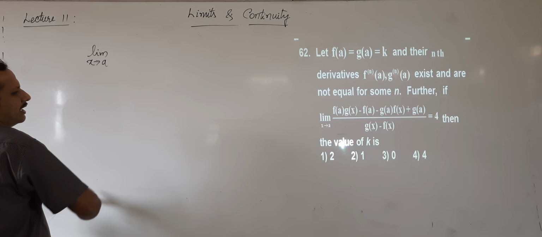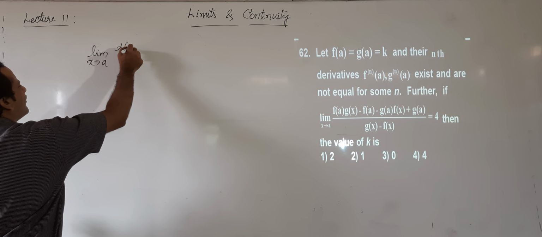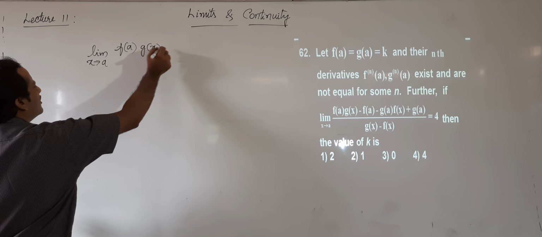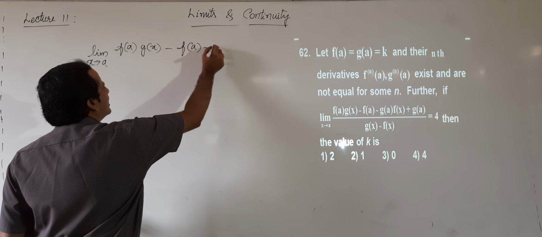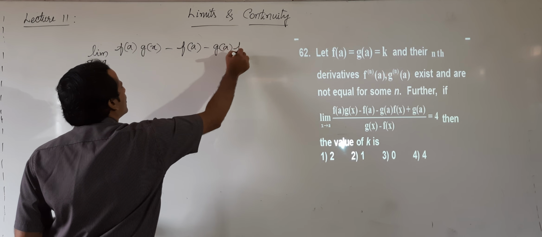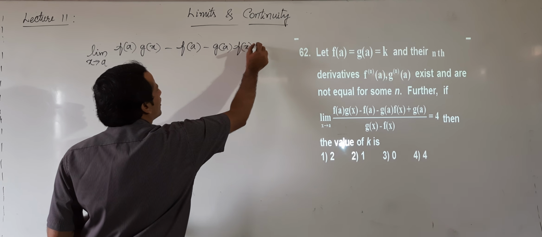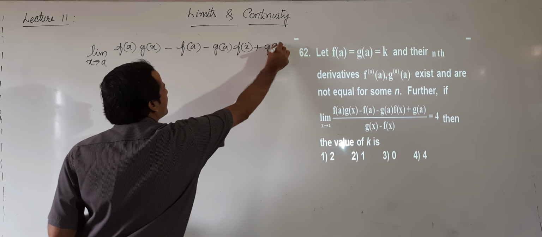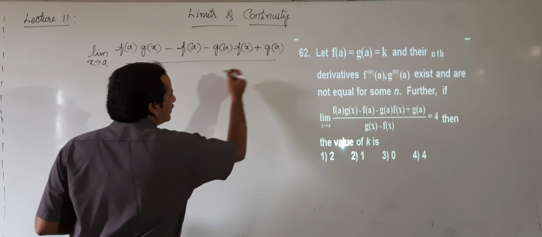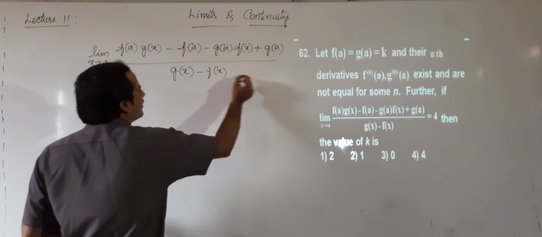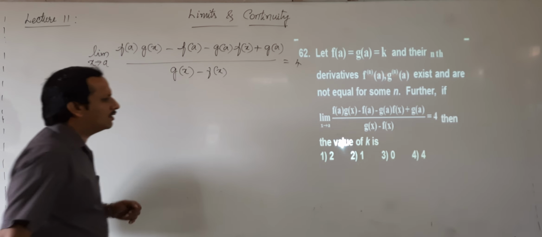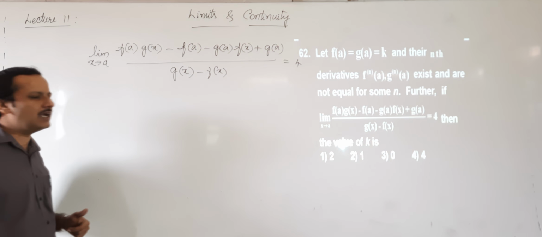Limit x tends to a, f of a into g of x minus f of a minus g of a into f of x plus g of a divided by g of x minus f of x. They have given that this limit value is equal to 4. And what is the value of k? What is k?